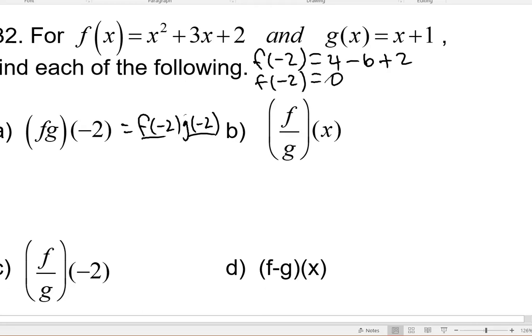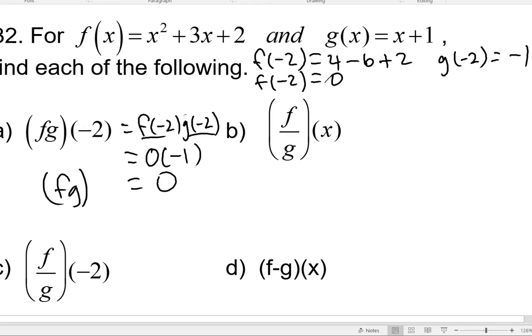What is g of negative 2? Negative 2 plus 1 would be negative 1. So what does this end up becoming? F of negative 2, 0 times negative 1, 0. That would be fg of negative 2. How do I do f over g of x?